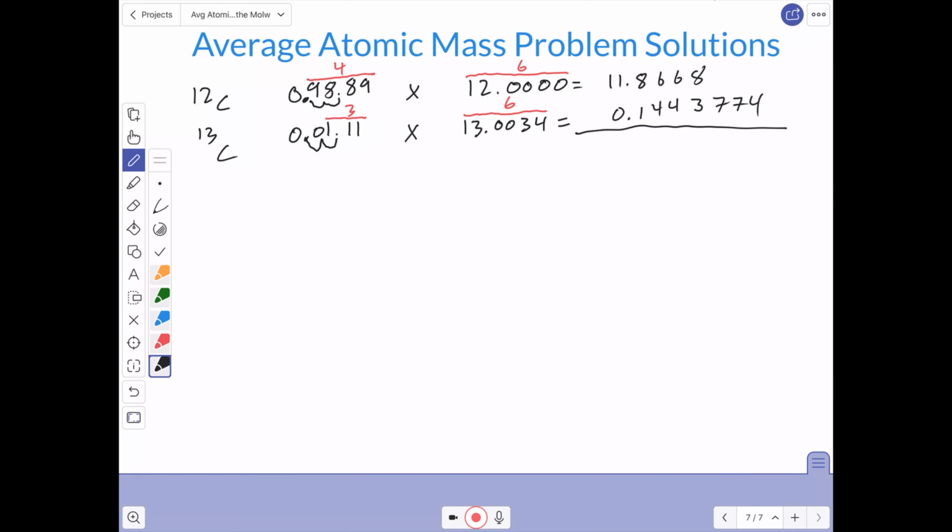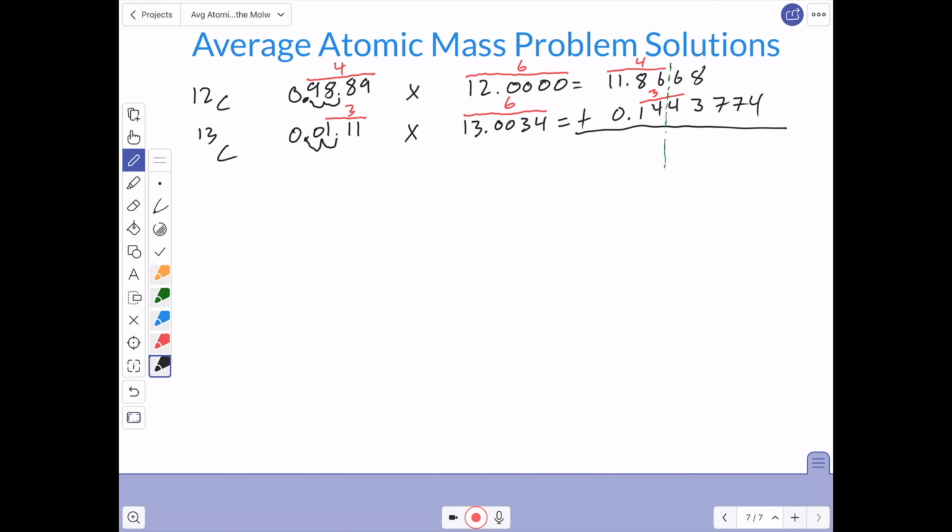Set myself up for addition. I'm going to have 4 sig figs in this number, and 3 in this number. Tells me where to draw my vertical line, so I know where to round.